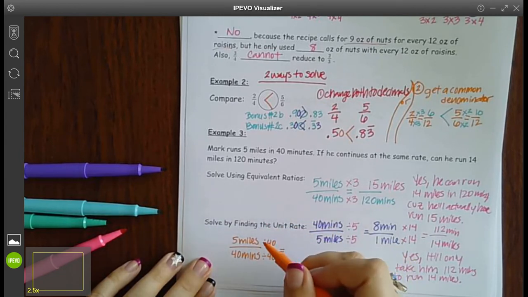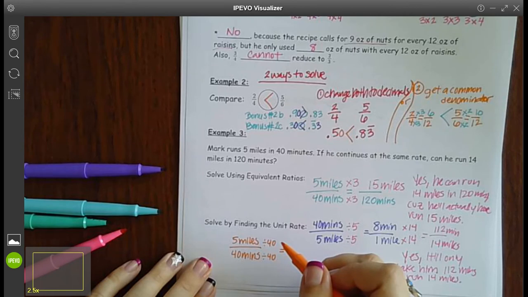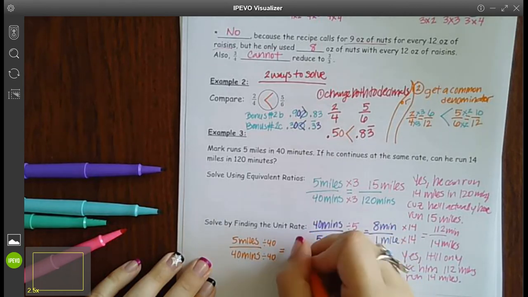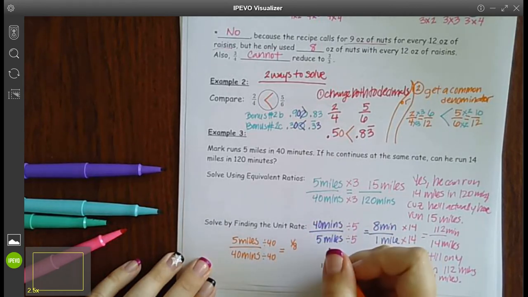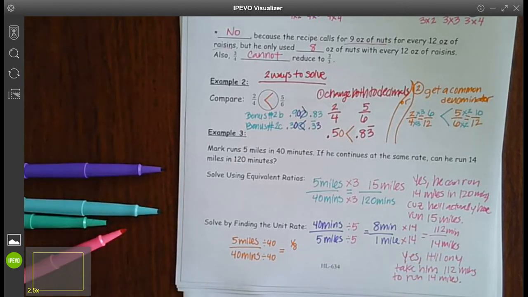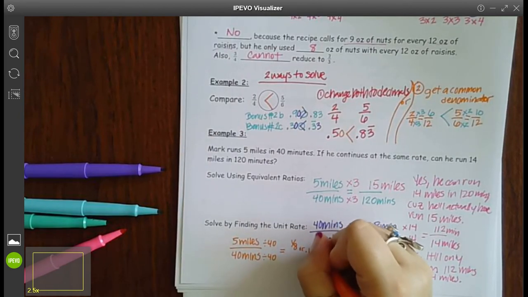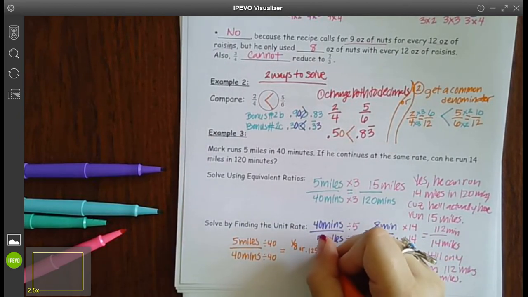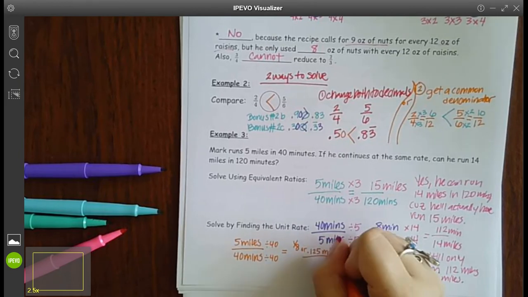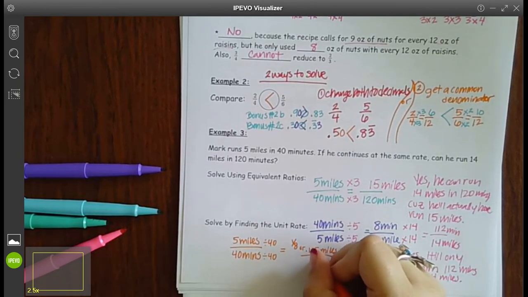And then you're like, 5 divided by 40 is an eighth. That's weird, right? And for those of you that were typing that into your calculator, 5 divided by 40, you get 0.125. So he can go 0.125 miles, and 40 divided by 40 is 1 minute.